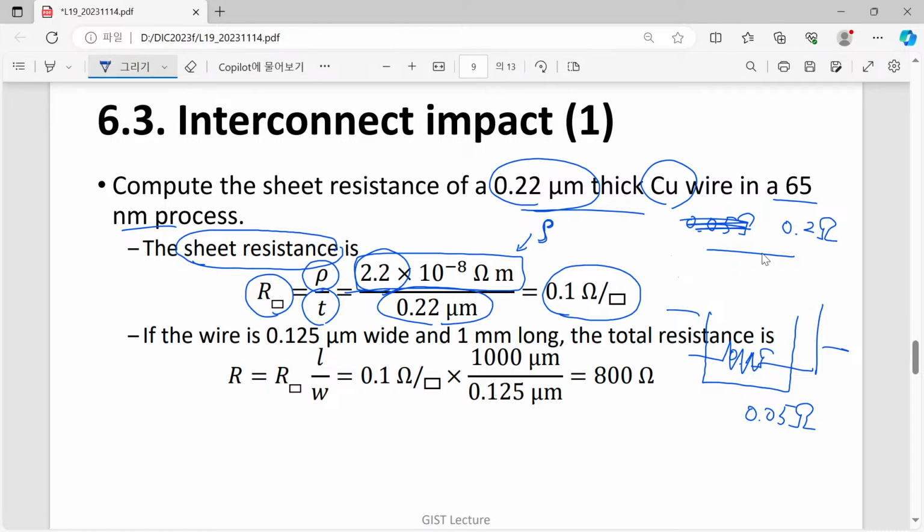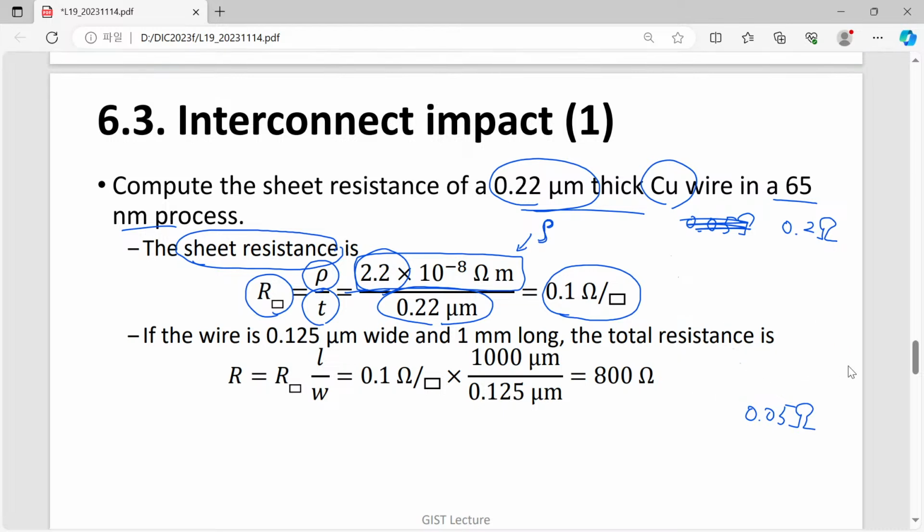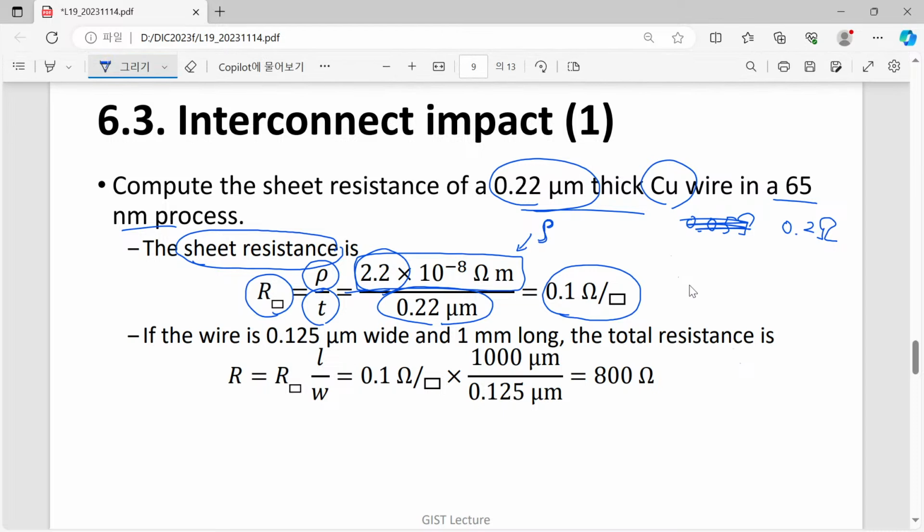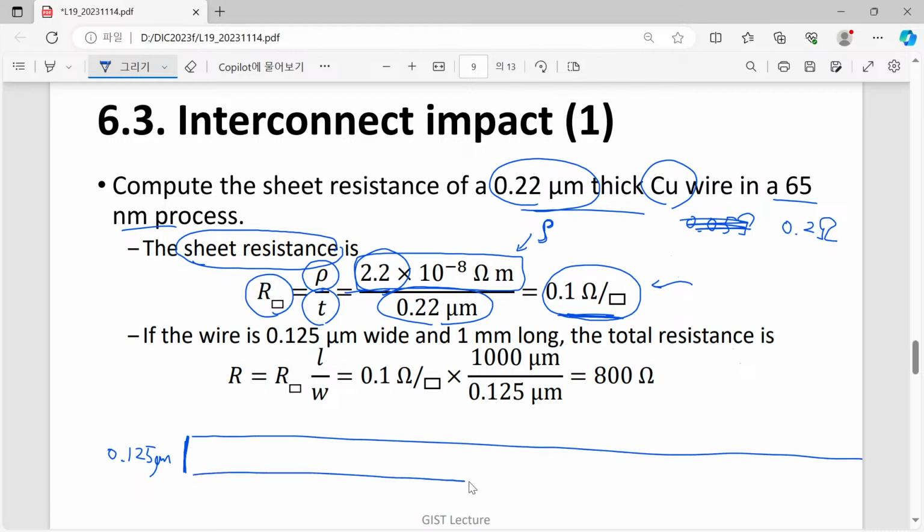So now let's assume that this typical metal wire has a certain sheet resistance. Now we have a width of 0.125 micrometer and an extremely long line of 1 millimeter. What is the ratio between this width and length?